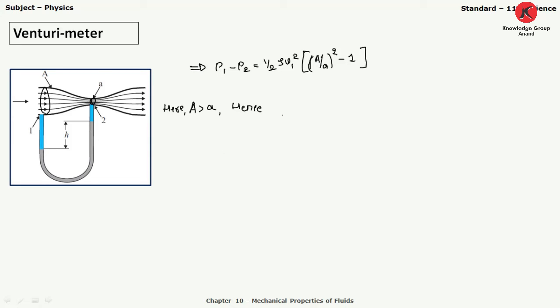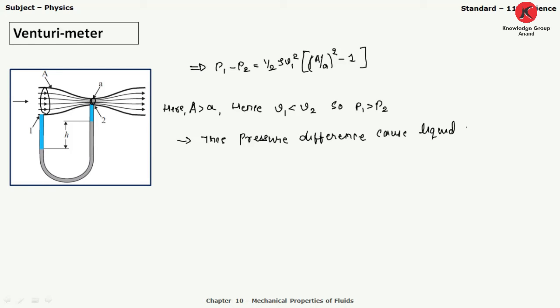So according to that relation, velocity v1 is less than velocity v2, and so pressure p1 is greater than pressure p2, and this pressure difference causes the liquid in arm 1 to come down and in arm 2 the liquid to rise.